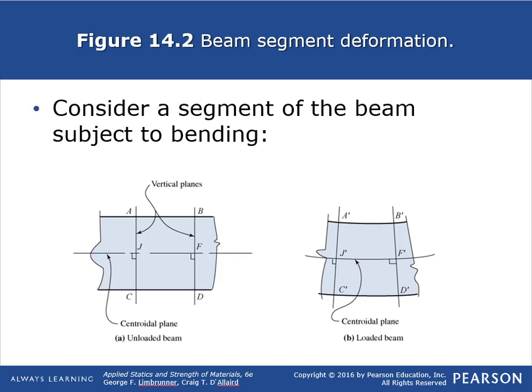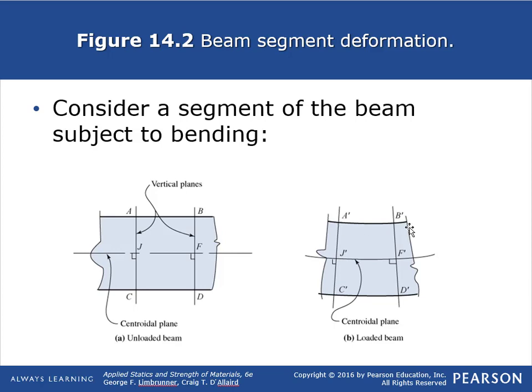So when we look at this beam and we consider its deformation, we have these two vertical planes here. Now this beam is subject to bending, and this is kind of exaggerated here, but as you can see, what happens is you have the neutral axis, J to F is the neutral axis, and then from A to B, your line is actually shorter than from C to D. So what we're getting at in pure bending like this is that we have both tensile and compressive stresses due to bending.